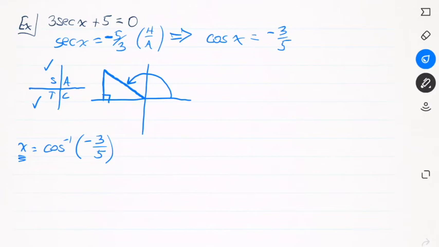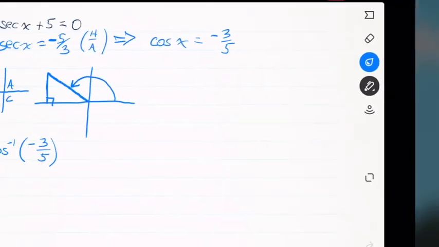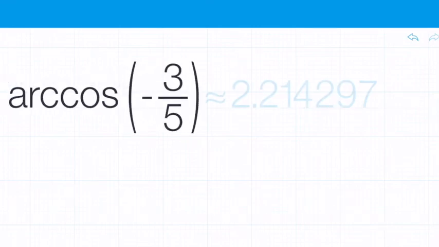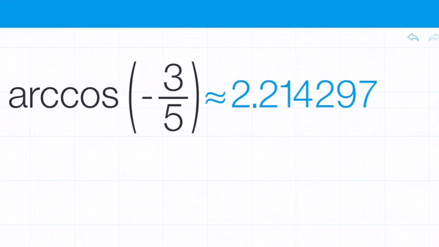All right, so in the calculator, I'm going to type in cosine inverse of negative 3/5, and I'm going to make sure that I do this in radians. Arc cosine of negative 3/5. Let's be really safe with it. There we go. It's going to give us some ugly decimal.